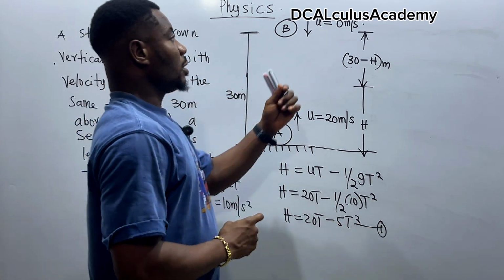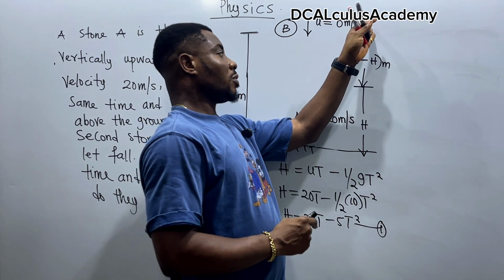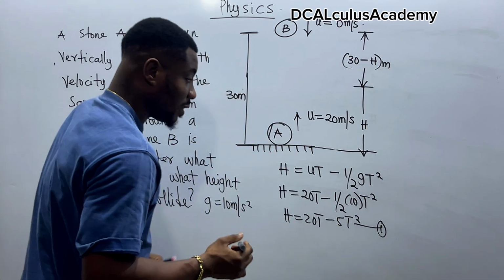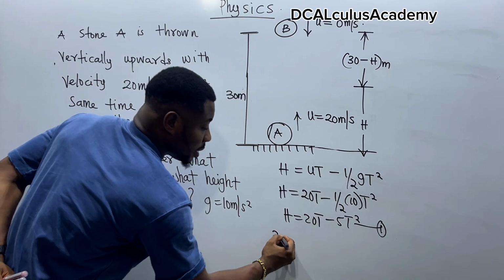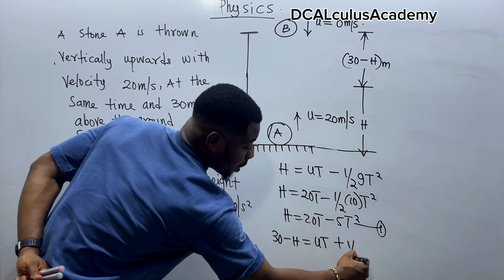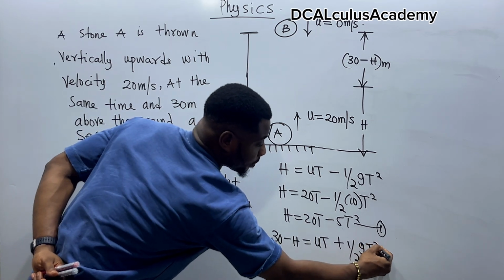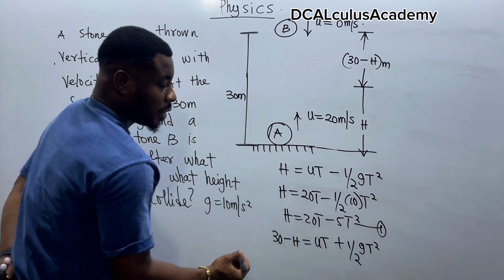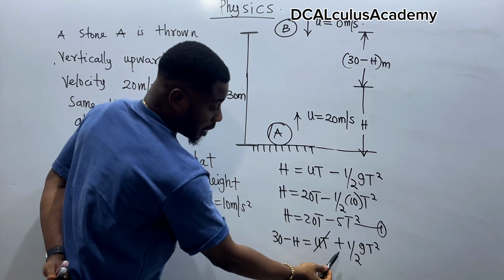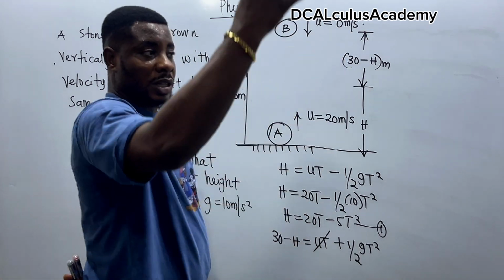Now again, let's talk about body B that is dropped and covers this distance from here to here. When body B covers that distance, 30 minus h is equal to ut plus 1 over 2 gt squared. Now, remember, I said when the body is dropped, u is 0, so this term goes out. We are using positive because the body is dropped.